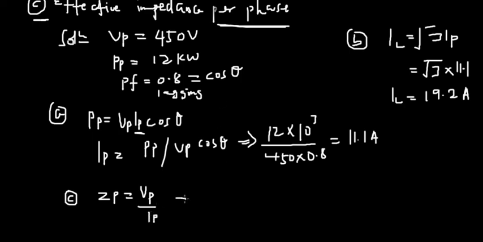So we have 450 at an angle of 0 degrees, divided by our phase current, 11.1 amps. Note that the power factor is lagging, keep that in mind.